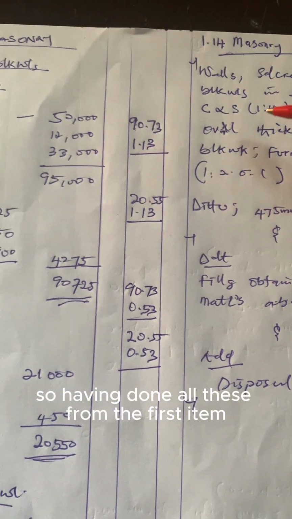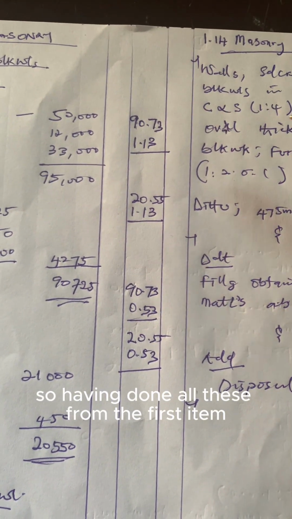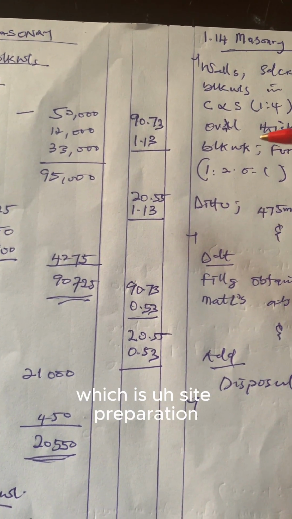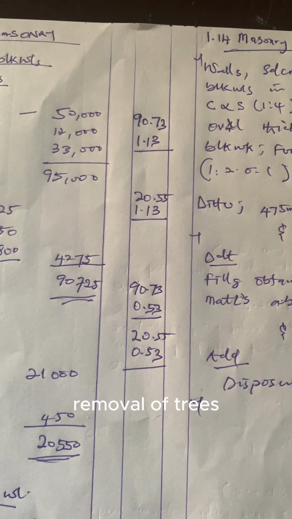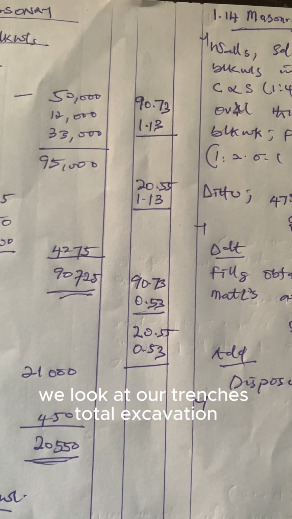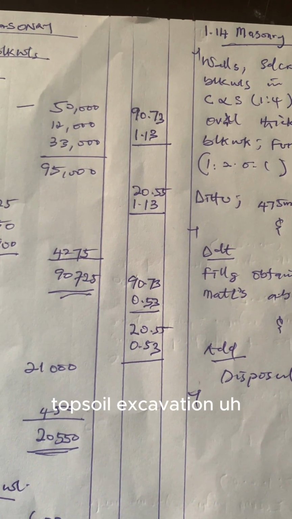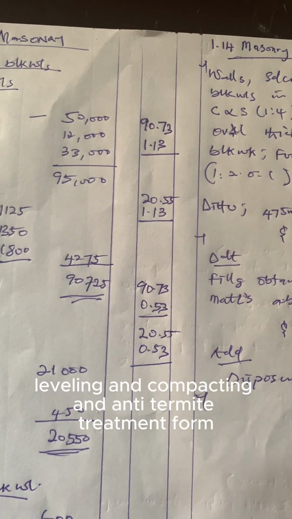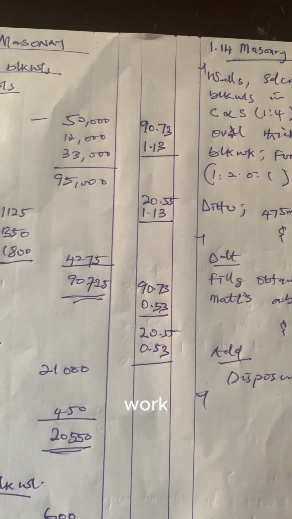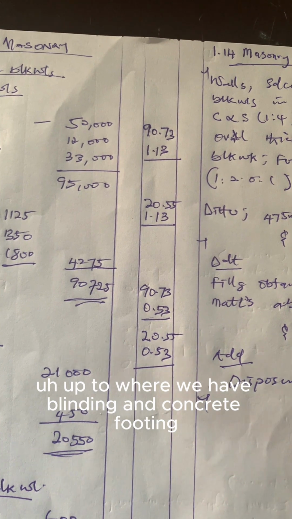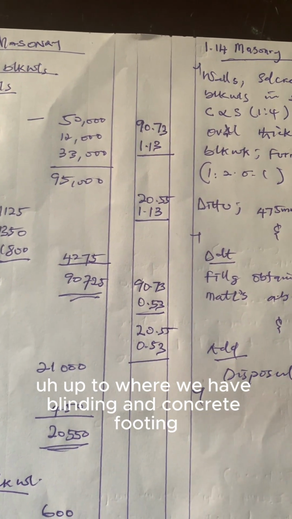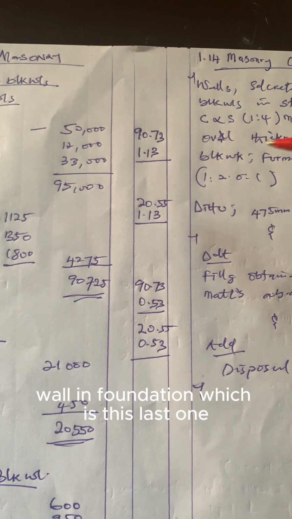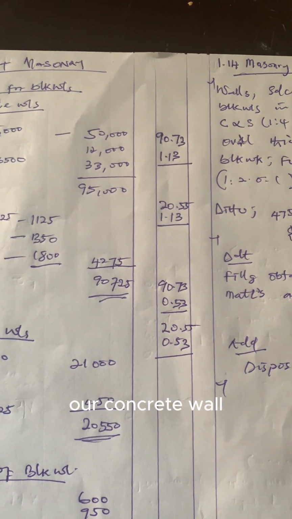So having done all this from the first item, which is site preparation, removal of trees, we look at our topsoil excavation, trench excavation, leveling and compacting, anti-termite treatment, formwork, up to where we have blinding and concrete footing, to the point where we have block wall in foundation, which is this last one, our concrete wall.